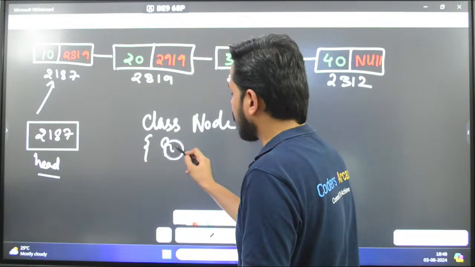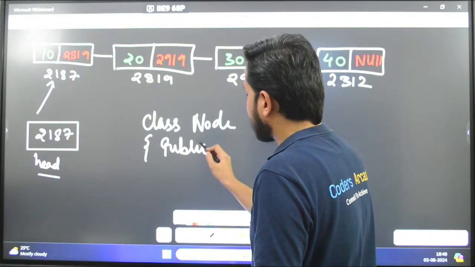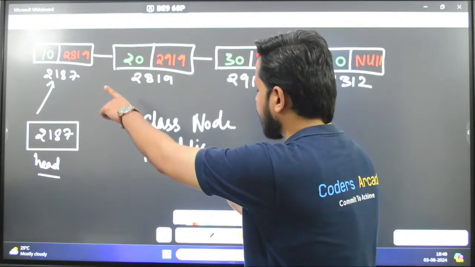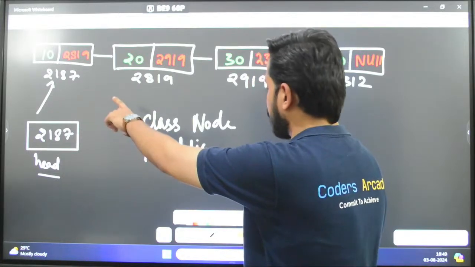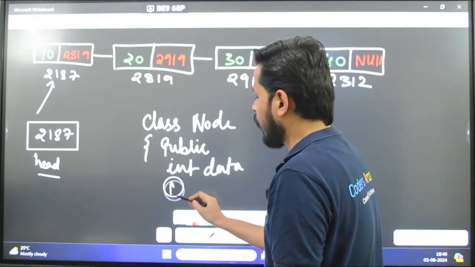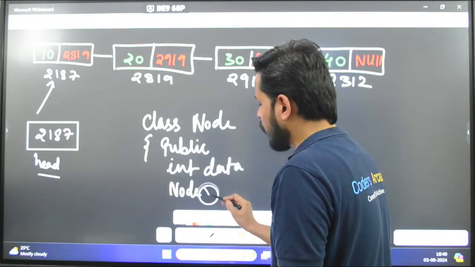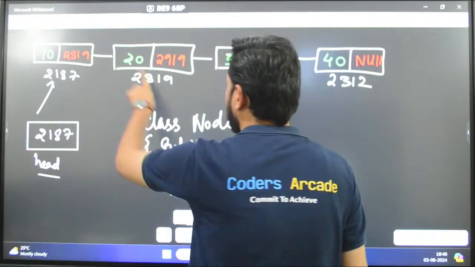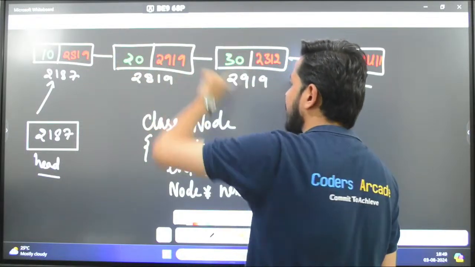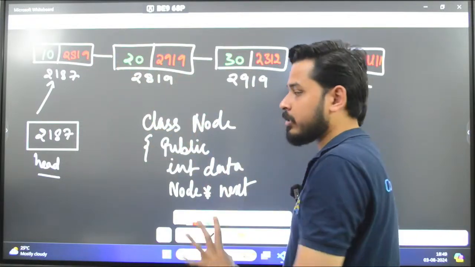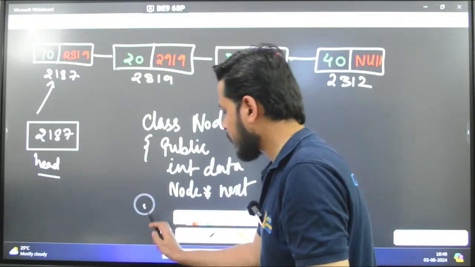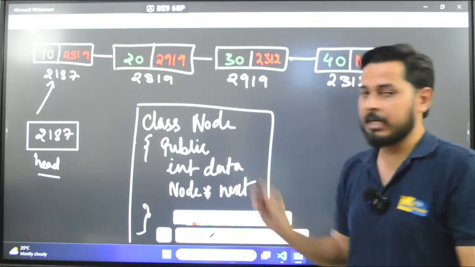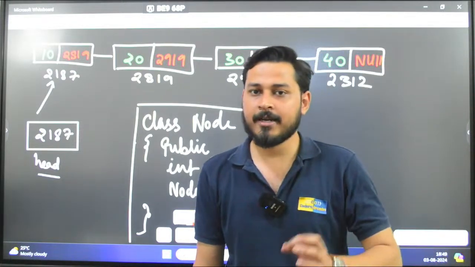In the public section of this class we have taken int data to represent the node, and node star, the next pointer, which points towards the next node itself. This particular class we finished last time.